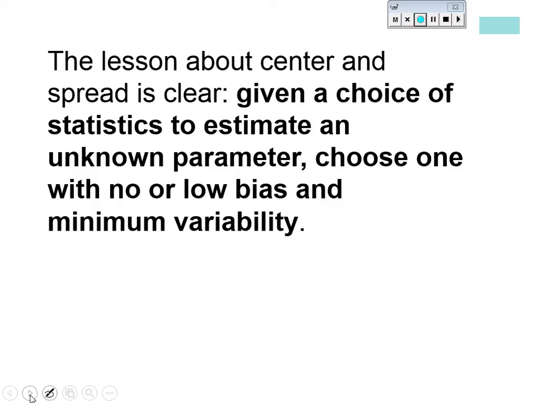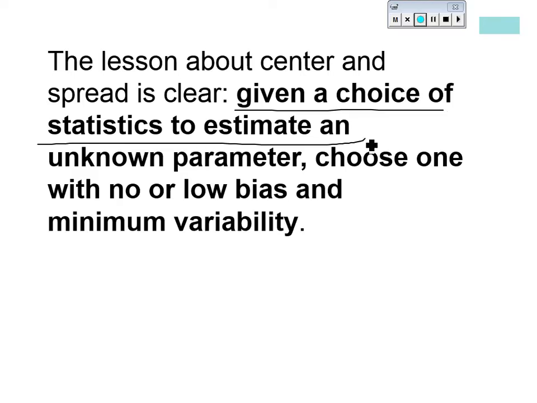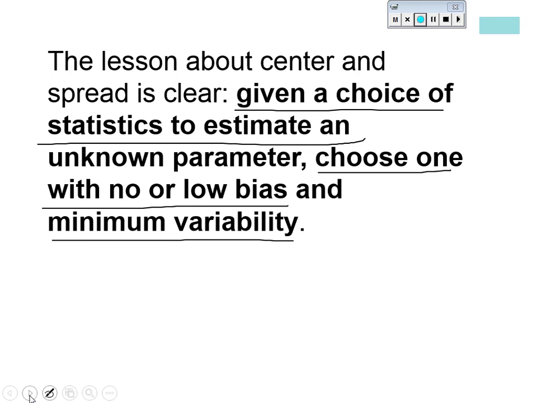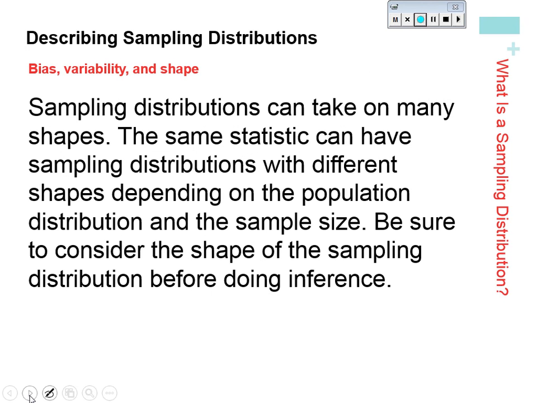So the lesson about center and spread is very clear here. Given a choice of statistics to estimate an unknown parameter, you want to choose one that has little to no bias and as low variability as possible. So we want to be consistently around the target as much as we can, and we also want to have our points arrange themselves in a way that is as close to each other as possible.